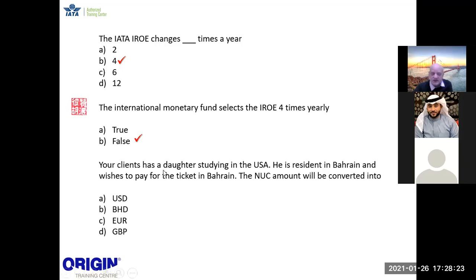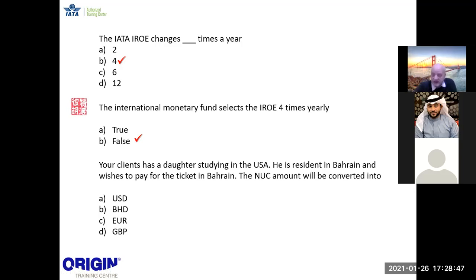Your client has a daughter studying in the USA. He is resident in Bahrain and wishes to pay for the ticket in Bahrain. The NUC amount will be converted into, now I did mention this once before, so let me tell you again.